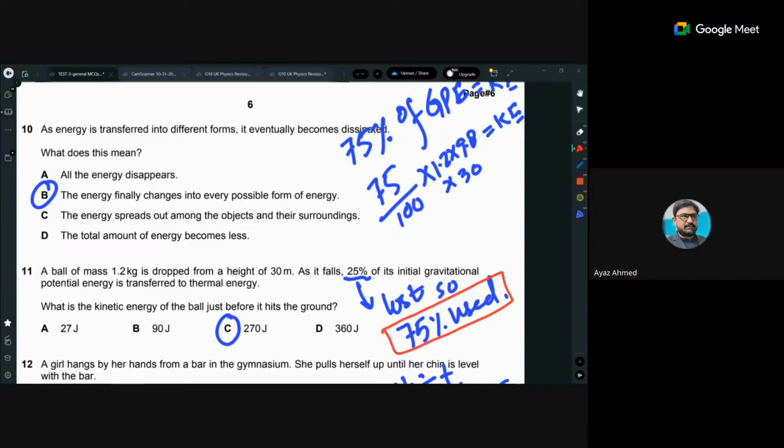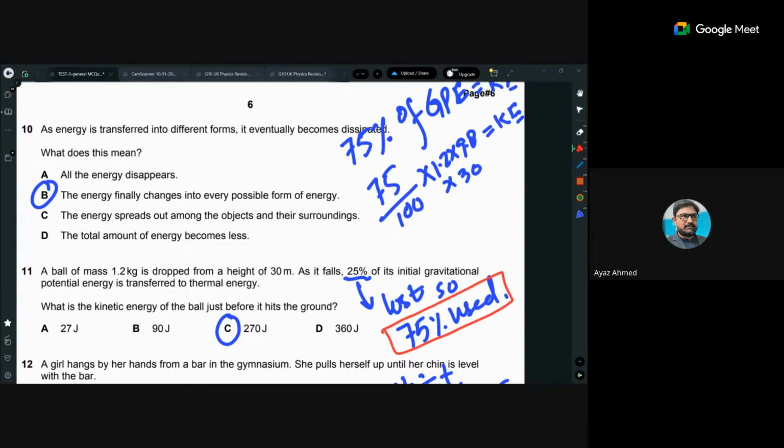Good. The energy spreads out among the objects and their surrounding. Possibility is there, but energy finally changes into every possible form of energy. One minute. We can consider it.